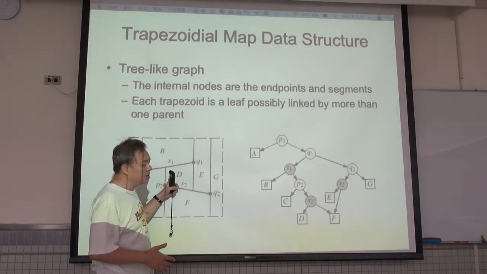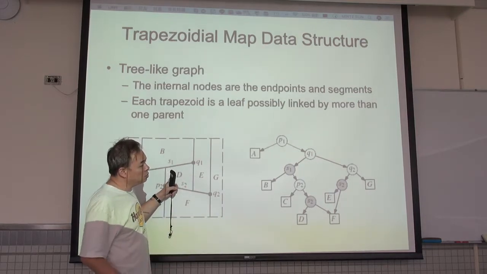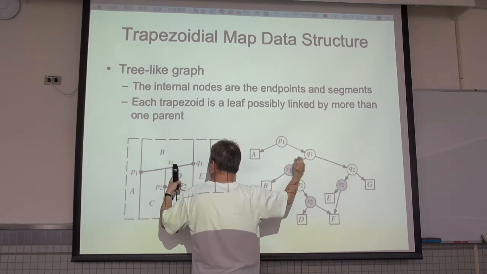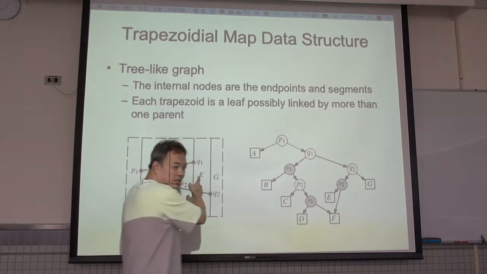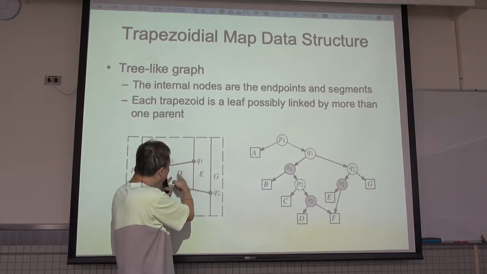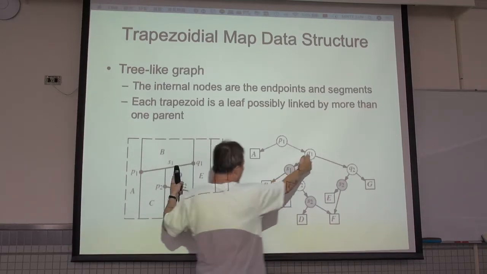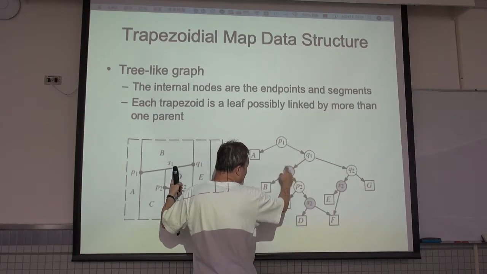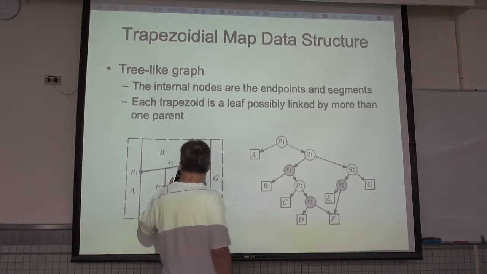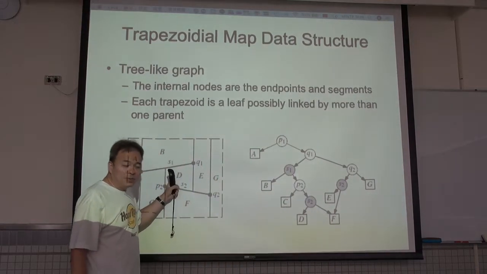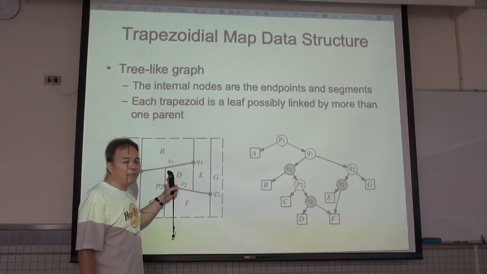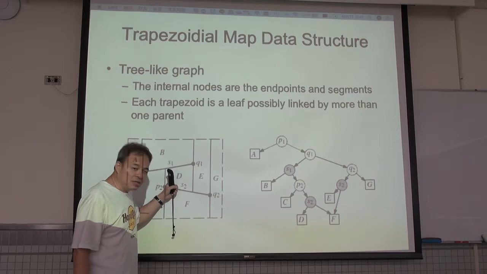On the left side of Q1, so we go to the left subtree. And then this is S1, right? If it's a segment, we check if this point is above the segment or below the segment.